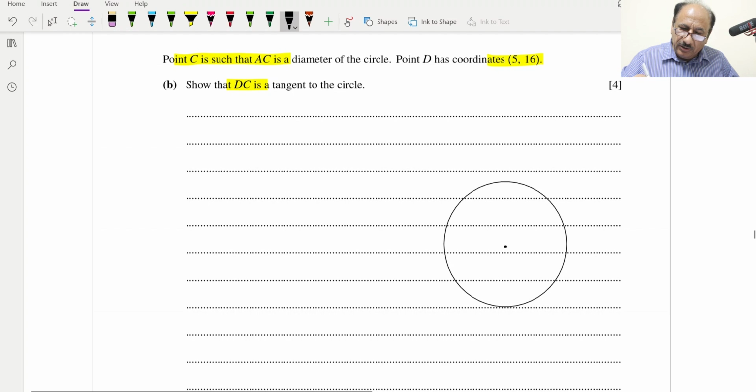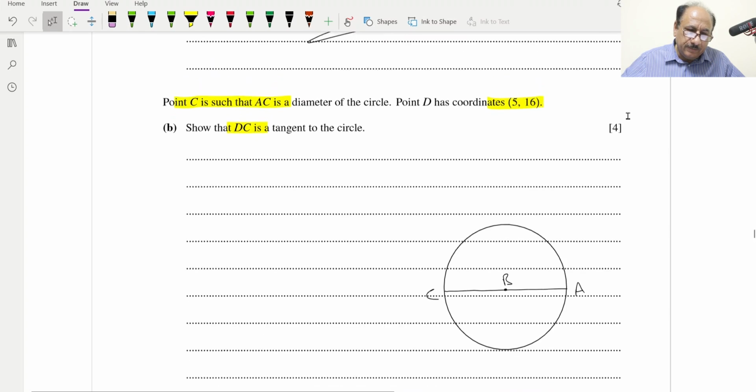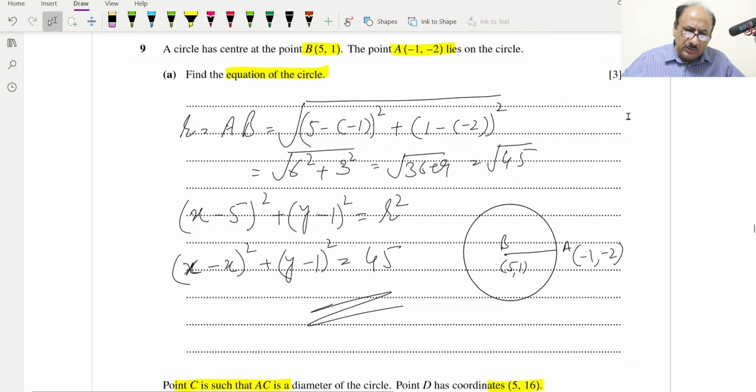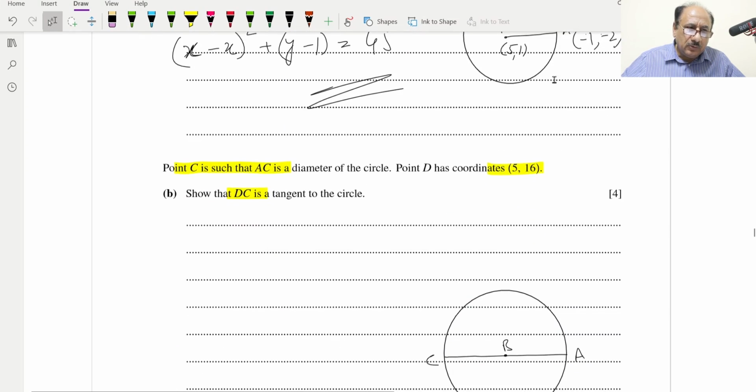This is the point B, and say this is the diameter, this is point A, this is B, and this point is C, and we can go through this radius.